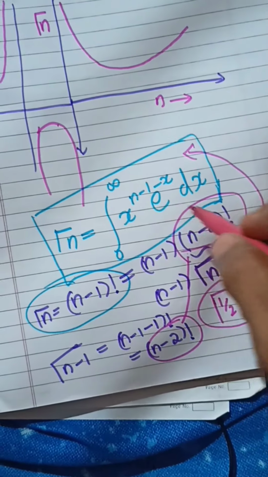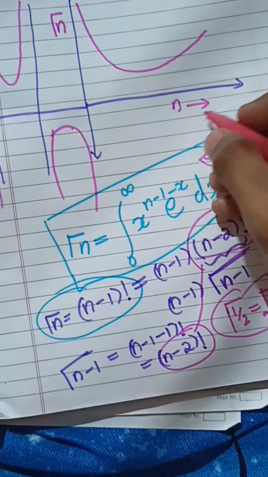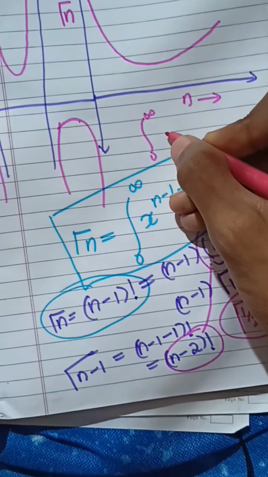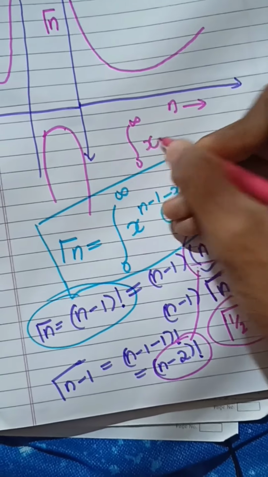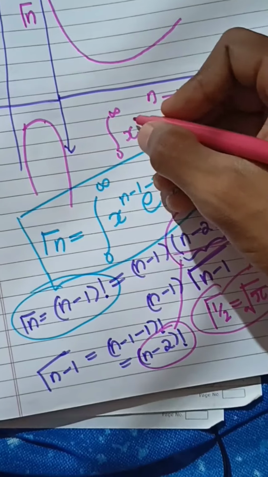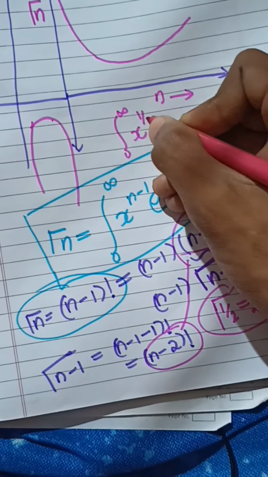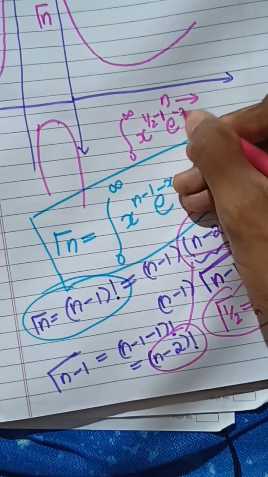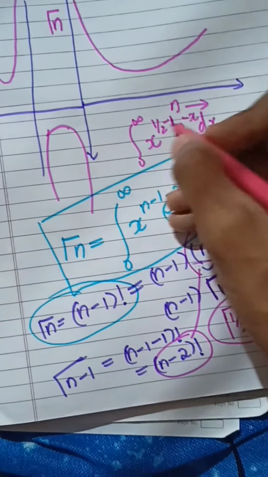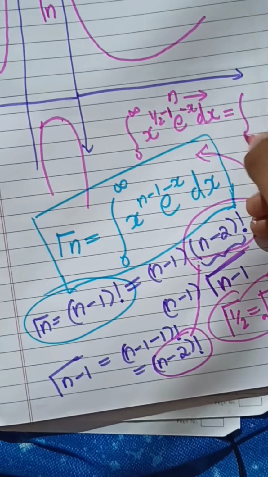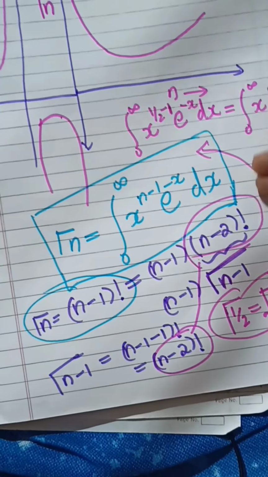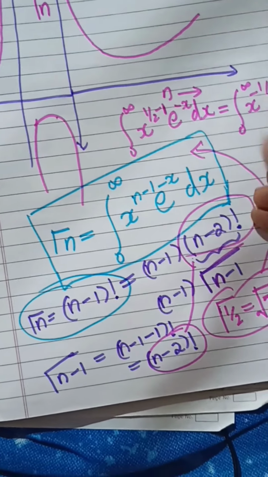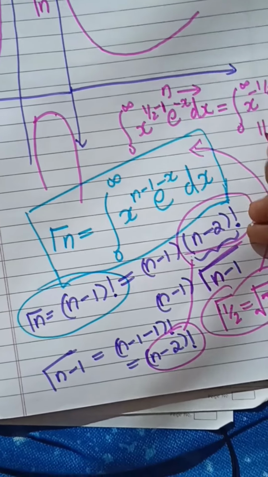If you integrate the expression integral from 0 to infinity of x to the power 1/2 minus 1 e to the power minus x dx, which is equal to the integral from 0 to infinity of x to the power minus 1/2 e to the power minus x dx, you will get root pi.